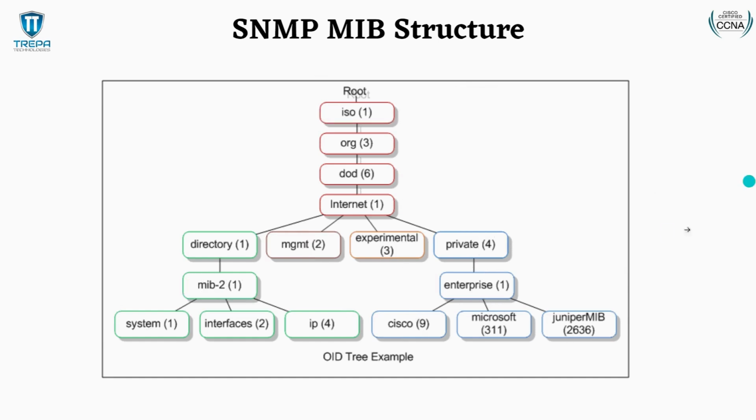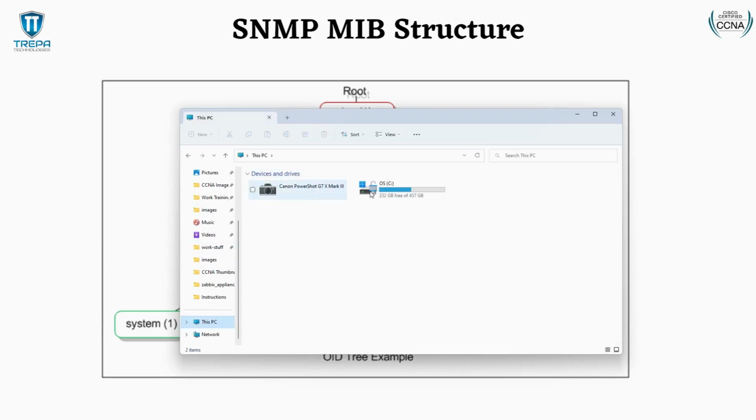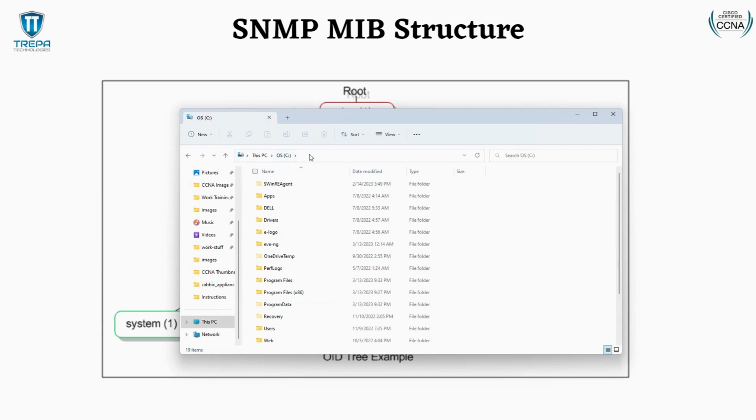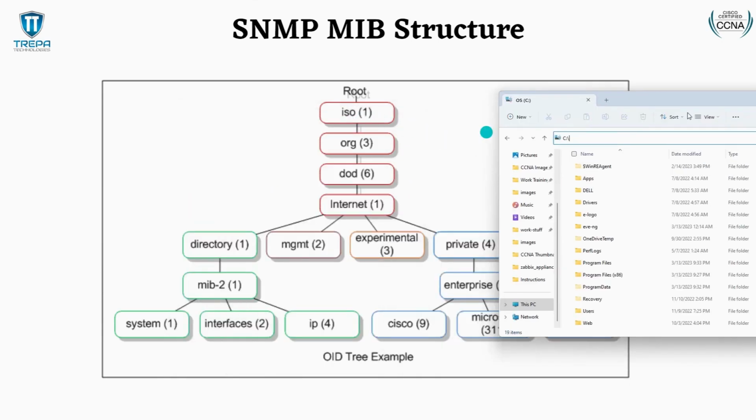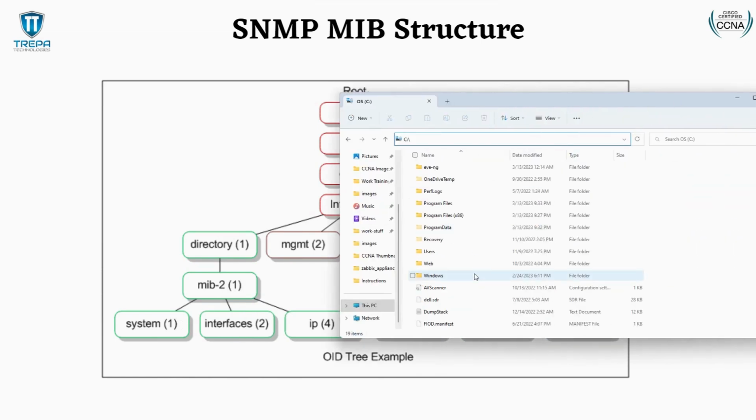And that used to confuse me when I first started learning. But essentially, yeah, if you just think of it as like a folder structure. So like if I go to File Explorer here, and I go to the C drive. The C drive would essentially be this one, ISO here, because it contains everything. The C drive contains my entire computer system.